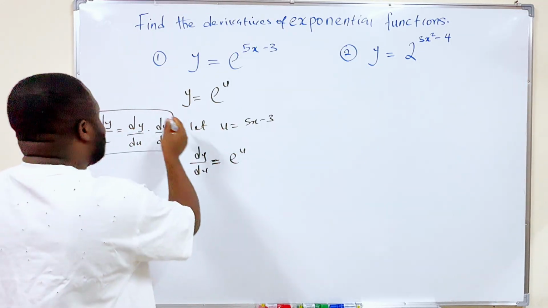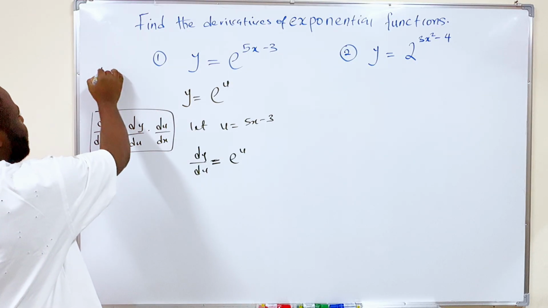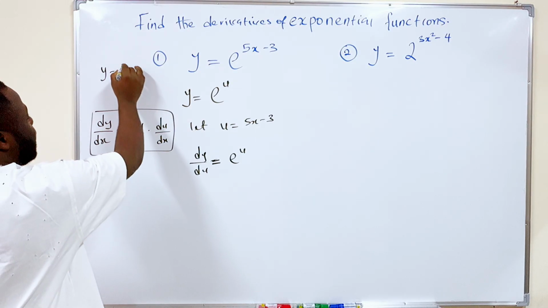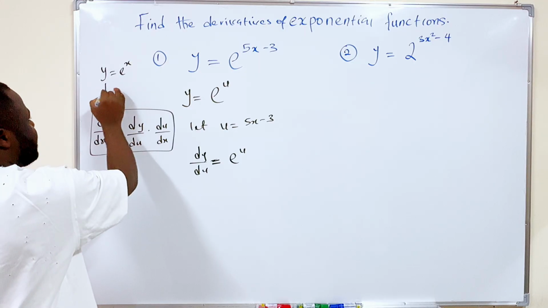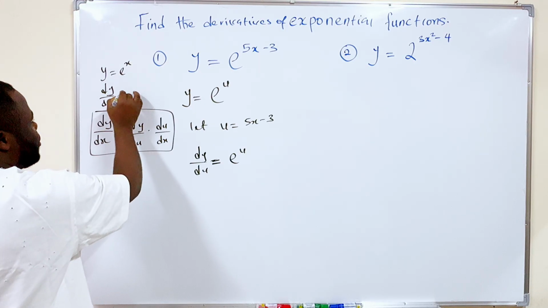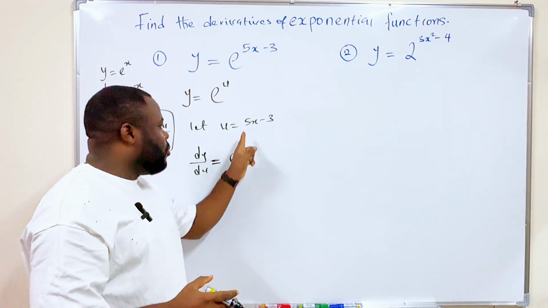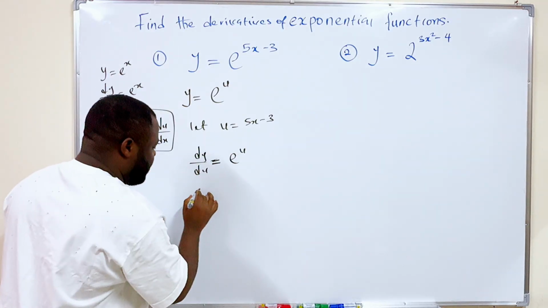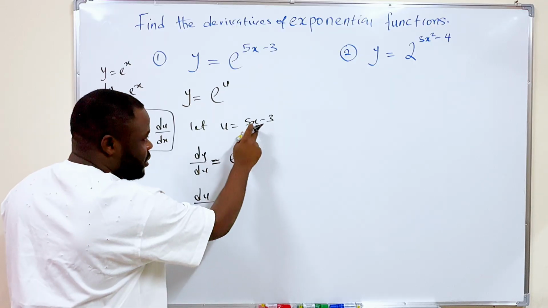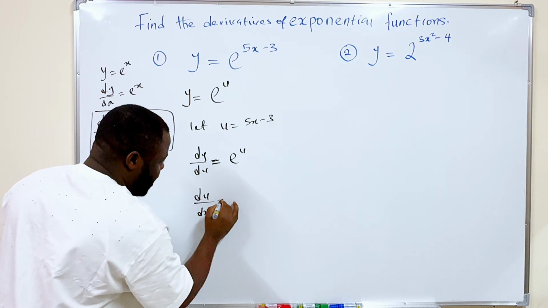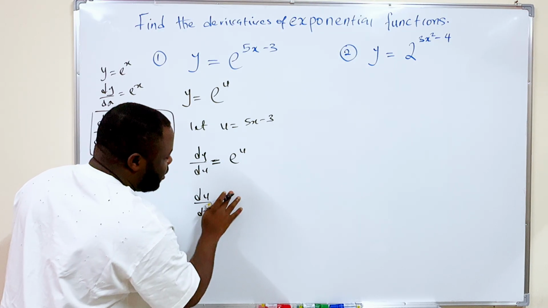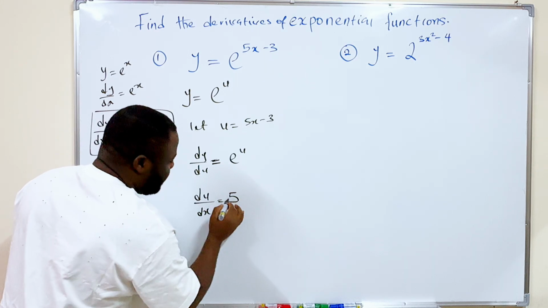Because if you remember, if you have y equals e power x, and you differentiate this, you are still going to get e power x. Okay. The same thing here. So we also find the derivative of u with respect to x, and this is going to give us 5.